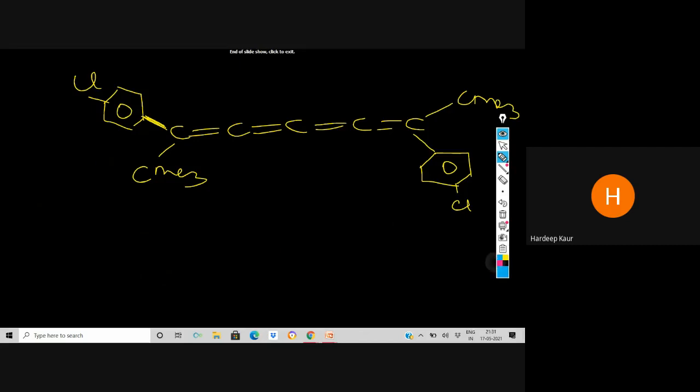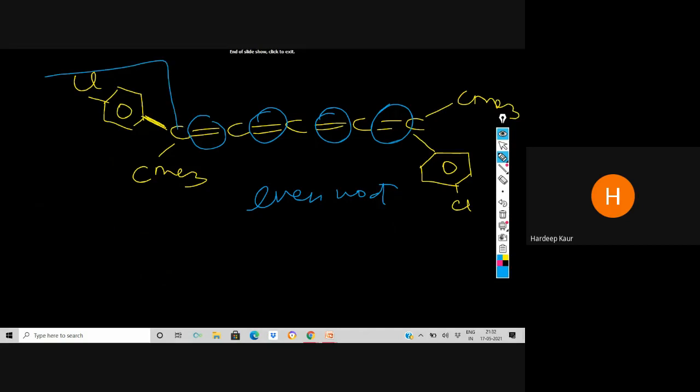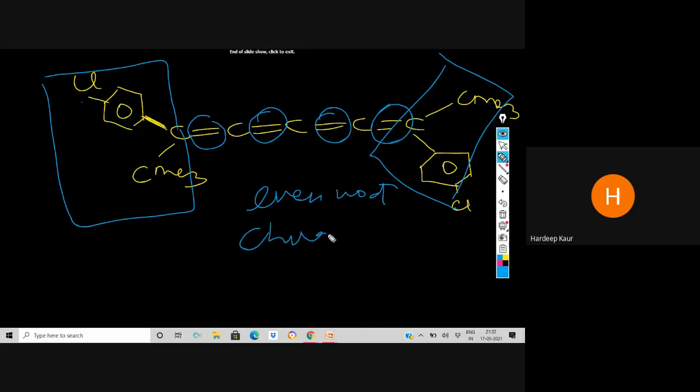So first we will calculate the number of double bonds. 1, 2, 3, 4. So it has an even number of double bonds. This means these two planes are perpendicular to each other, right? So even if the groups are the same on both terminals, it is still chiral. So this cumulene is chiral in nature.